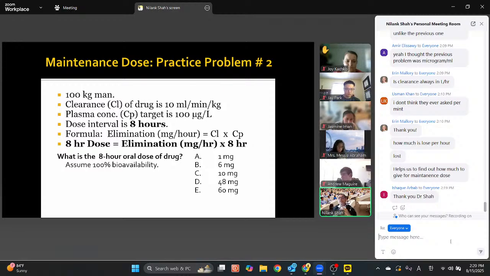Oh, I'm sorry, Joy. I didn't realize that you raised your hand. Go ahead, Joy. You have a question now? Yeah, it's not directly about this problem, but in general about clearance: why is it expressed as this double fraction?